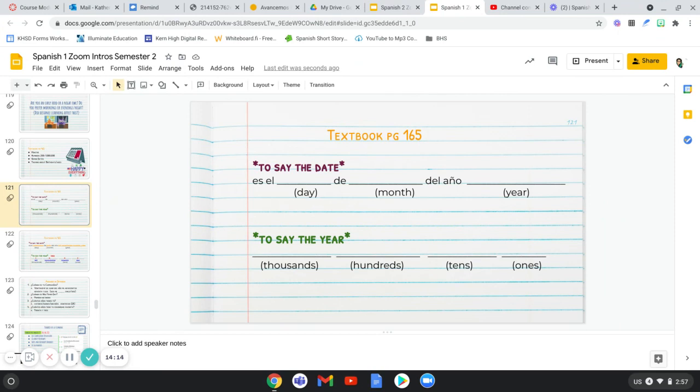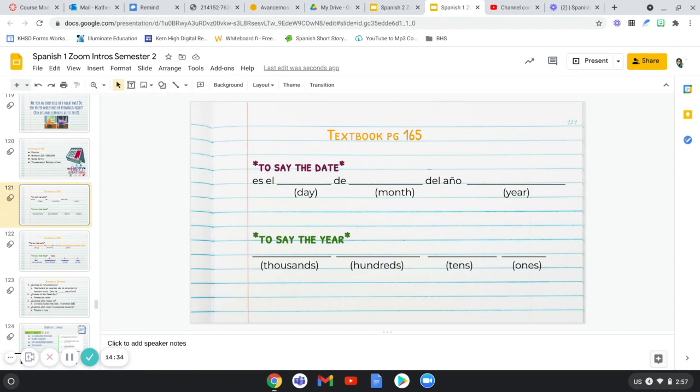So to say the year, it's helpful to think of it as a numbers place, kind of like what you have down here. It says to say the year, you have a thousands, a hundreds, a tens, and a ones. So we've used number places before when we talked about the 16 through 99 numbers.